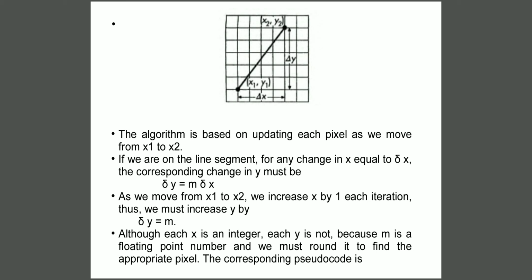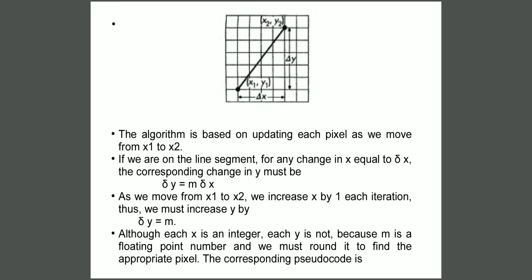Whatever background color you have specified, all the pixels will get initialized with that color. Then once you specify two vertices to display a line segment, all the pixels between those two vertices will get updated with a foreground color. Foreground color is nothing but the color in which you want to display the line segment.